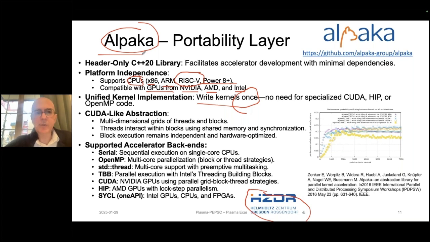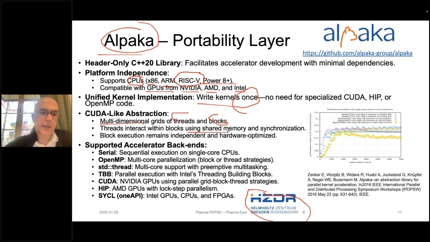The abstraction layer is very similar to CUDA and OpenCL. It provides abstraction of grids, threads, and blocks, and also provides mechanisms to interact with GPU shared memory and the typical synchronization part.